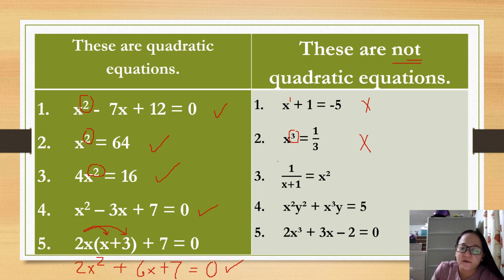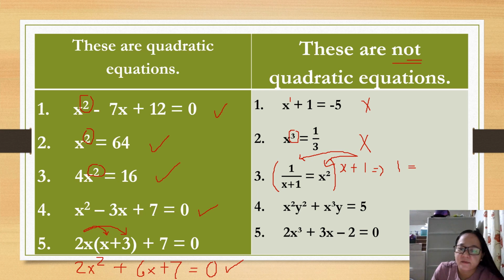For number 3, if we simplify this, first we get rid of the denominator by multiplying the entire equation by the LCD, which is x plus 1. We multiply x plus 1 by 1 over x plus 1, so the product is 1. And then multiply x plus 1 by x squared.